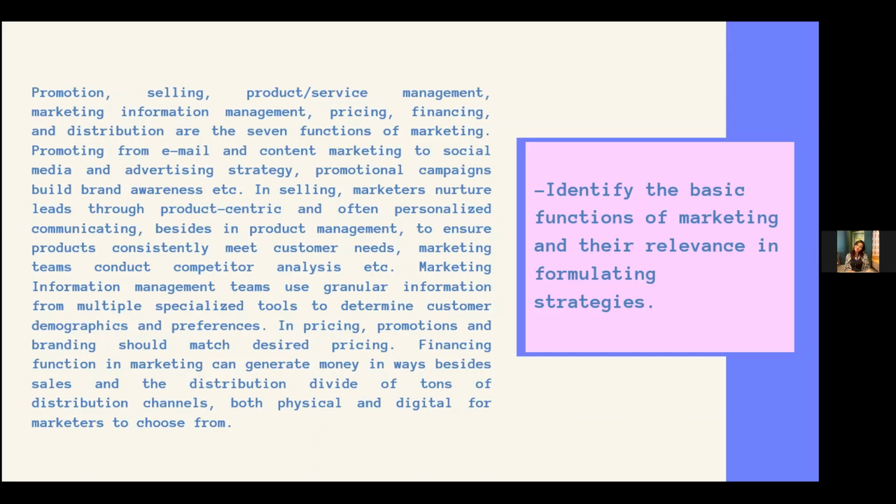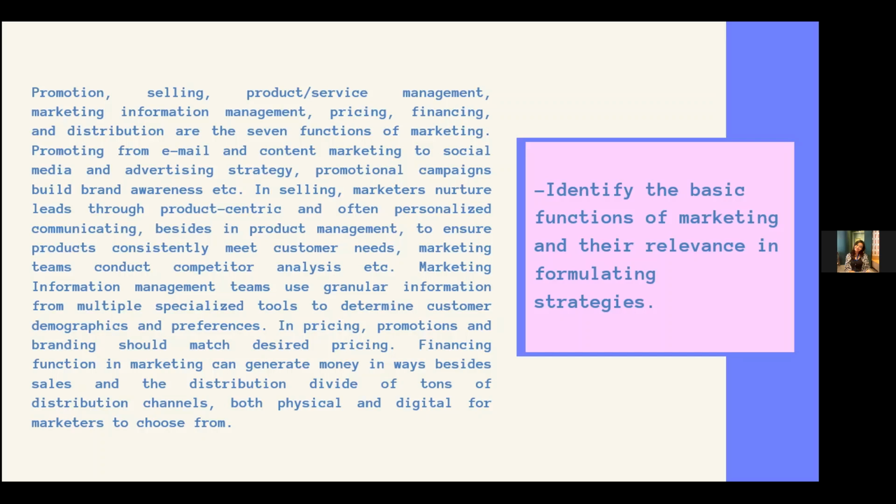And selling: marketers nurture leads through product-centric and often personalized communication. Besides that, in product management, marketers ensure the product consistently meets the customer need, and marketing teams conduct competitor analysis. Marketing information management teams use granular information from multiple specialized tools to determine customer demographics and preferences.